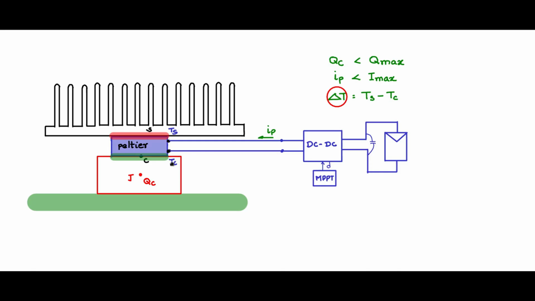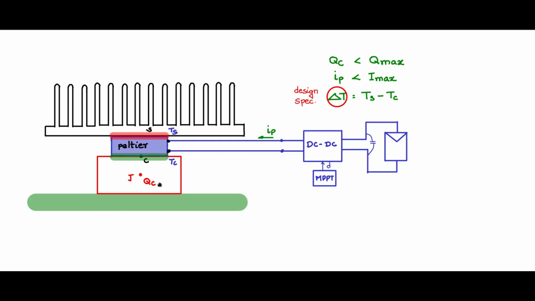This comes from the spec of this component, how much case temperature it can withstand, how much junction temperature it can withstand. The designer should appropriately fix the case temperature and the heat sink temperature. So let's say delta T of 15 degrees centigrade. Like that, it should come as a design spec.